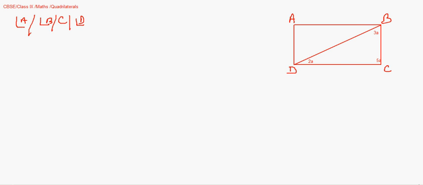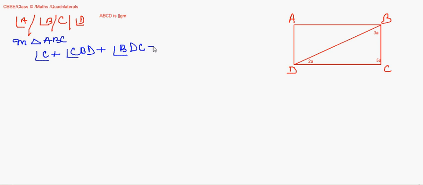Let us first find. This is given to be a parallelogram, of course. I write it here. It is given that ABCD is a parallelogram. Now in triangle ABC, angle C plus angle CBD plus angle BDC is 180 degrees.